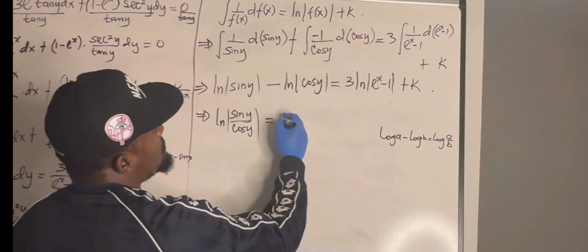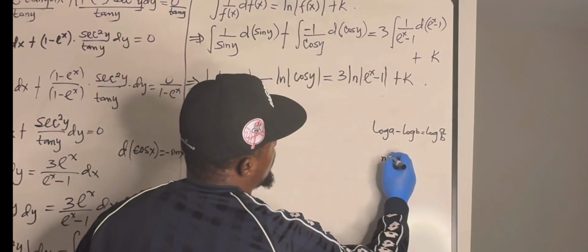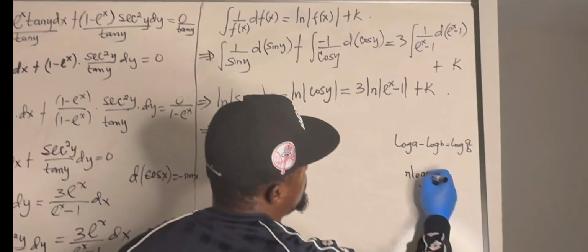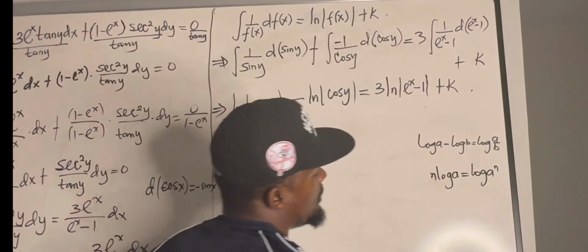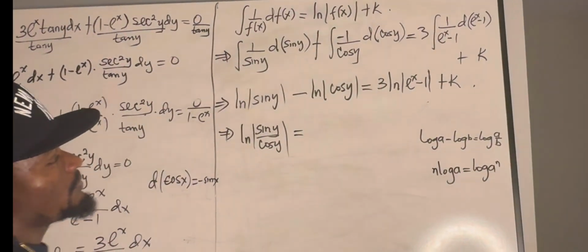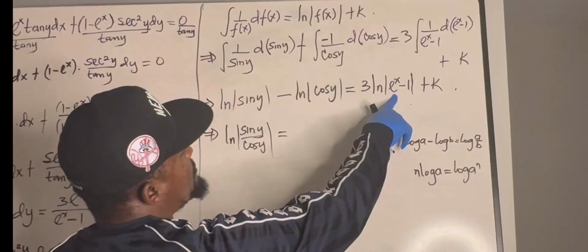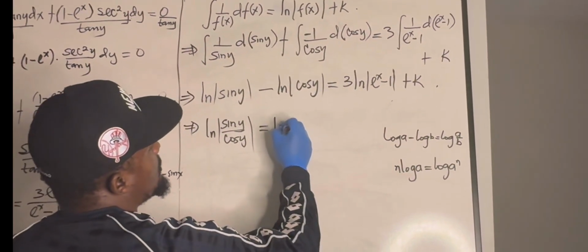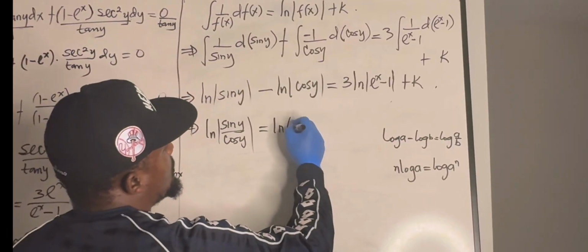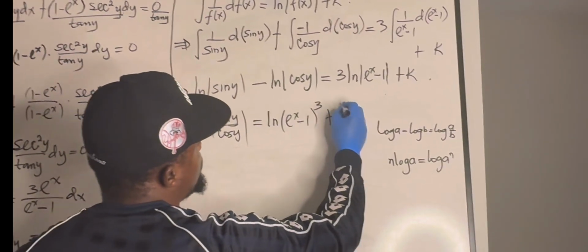Now, n times the log of a is the same as the log of a to the power n. So 3 times the natural log of x power of x minus 1 should give me the natural log of x power of x minus 1 raised to the power 3 plus k.